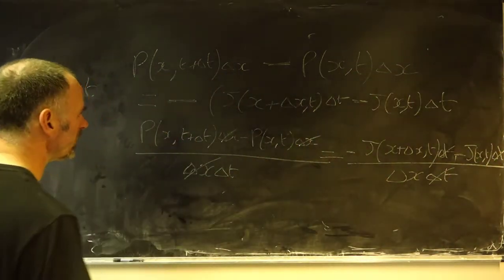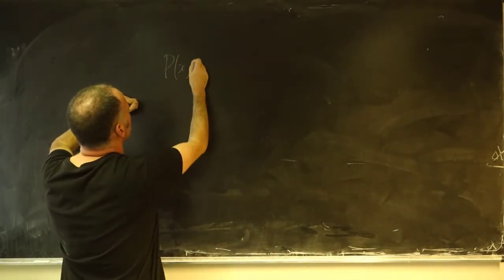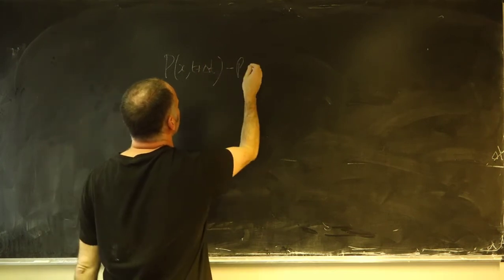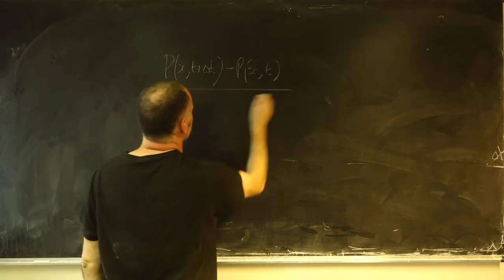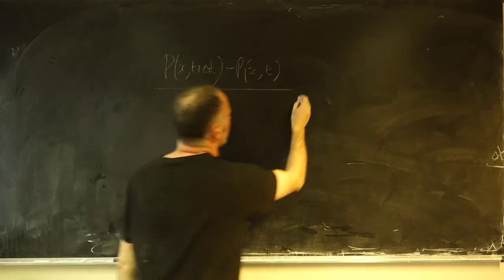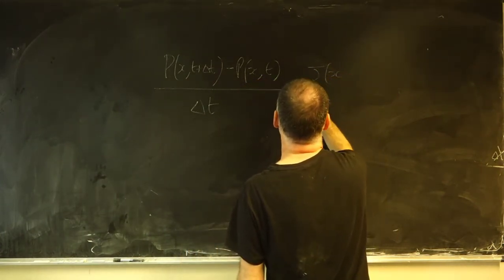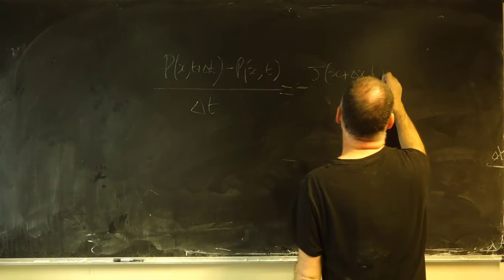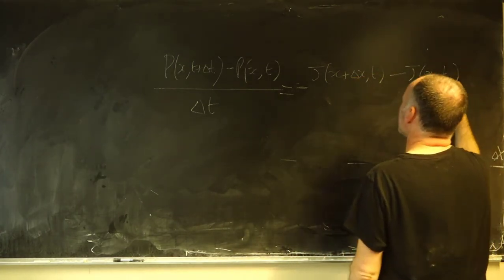So what we end up with is p(x, t plus delta t) minus p(x,t) divided by delta t is equal to minus j(x plus delta x, t) minus j(x,t).